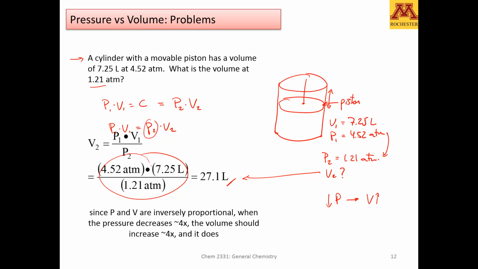Pressure decreased, volume should have increased. Is 27.1 larger than 4.52? Yes. By the extent that Boyle's law predicts, notice that if your pressure was decreased by a factor of 4, your volume should increase by a factor of 4, which is approximately correct.